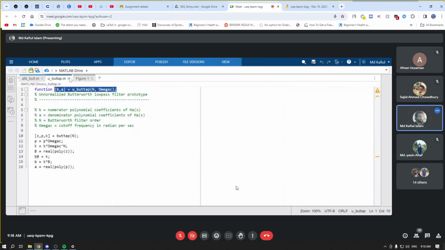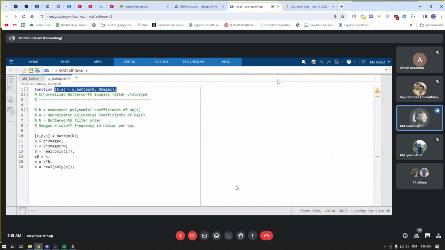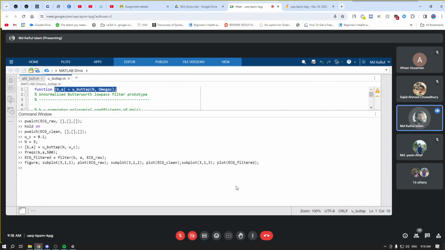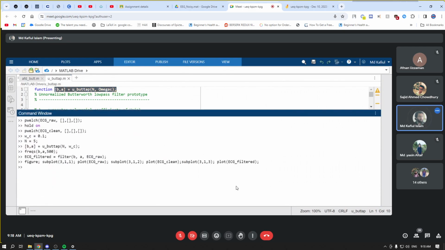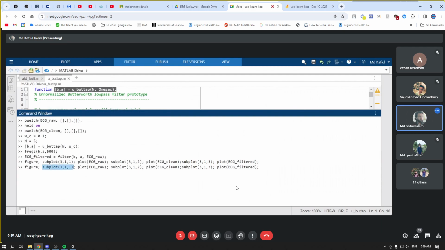Now let's plot the signal again in frequency domain to see what exactly we have done. Maybe our filter did not work properly, and we want to know why. The only way is to plot the signal in frequency domain.